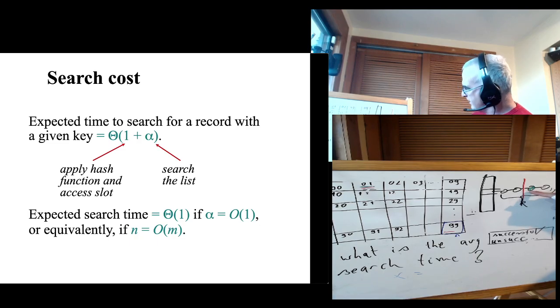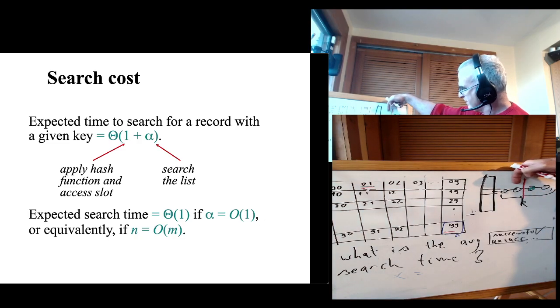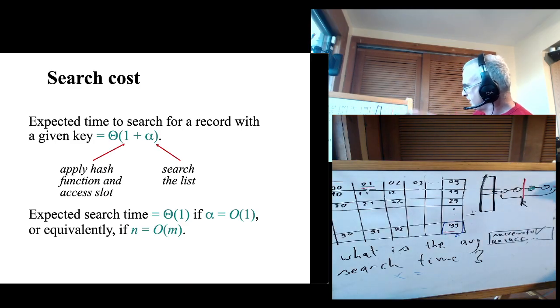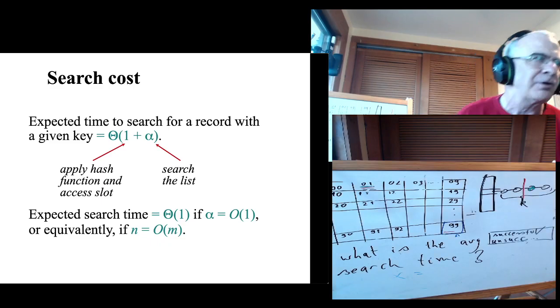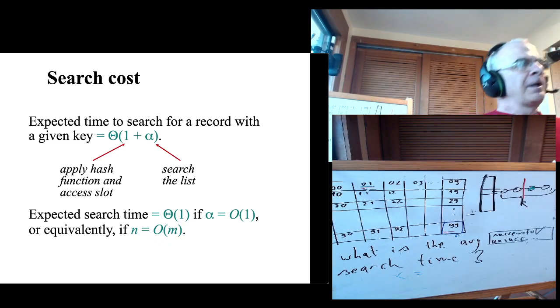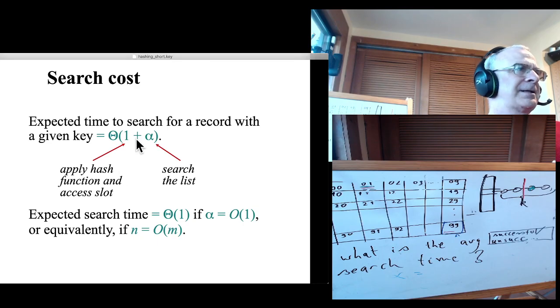The chance that it is in the second half of the list is exactly the chance that it's in the first half of the list, if all permutations are equally likely. The probability that it's the last one is the same as the probability that it's the first one. The probability that it's the second is the same as the probability that it's the one from the second, etc. So indeed, k over 2 is the search time for the expected case.